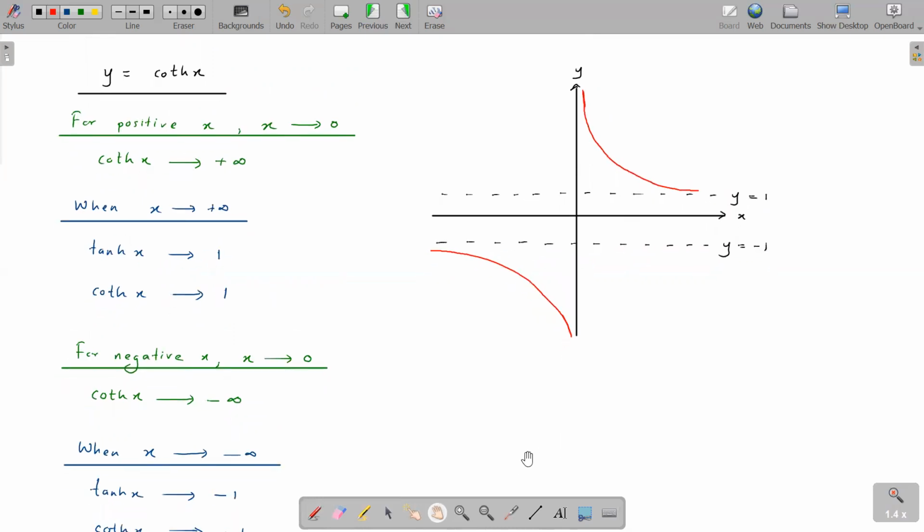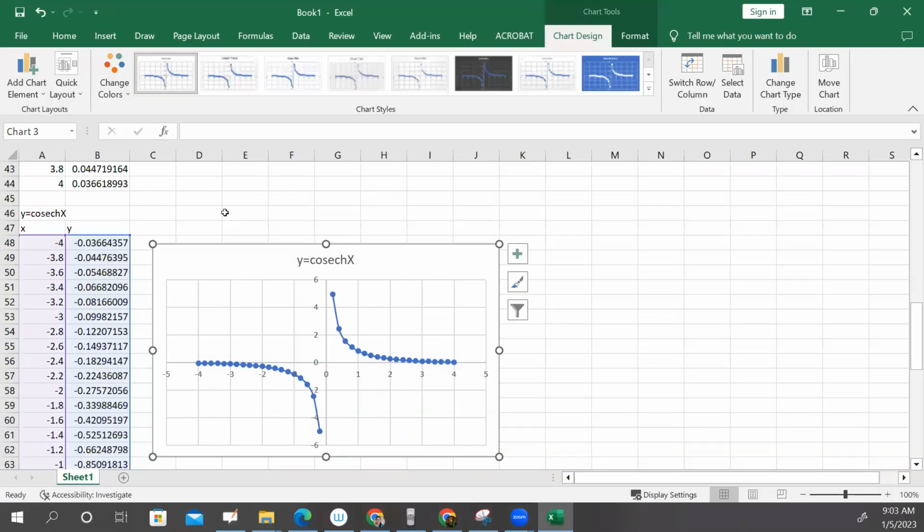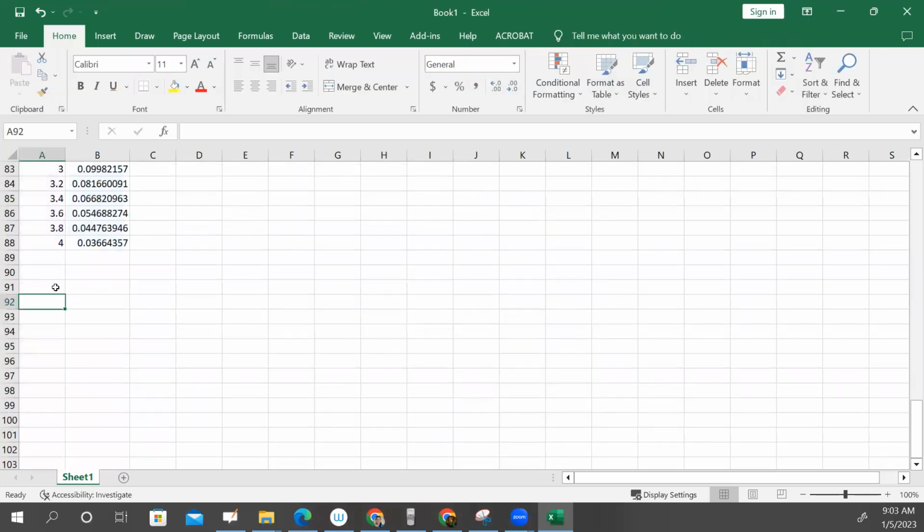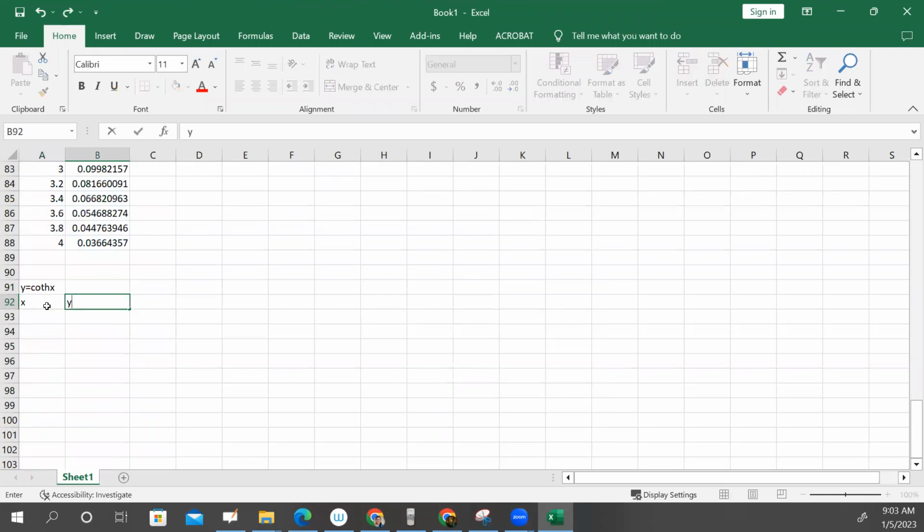So let's also do the simulation using Excel. I'm going to draw y equals coth x. Okay. So let's give the x values and the y values.